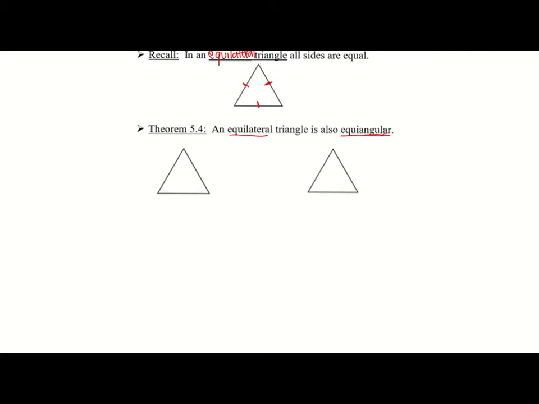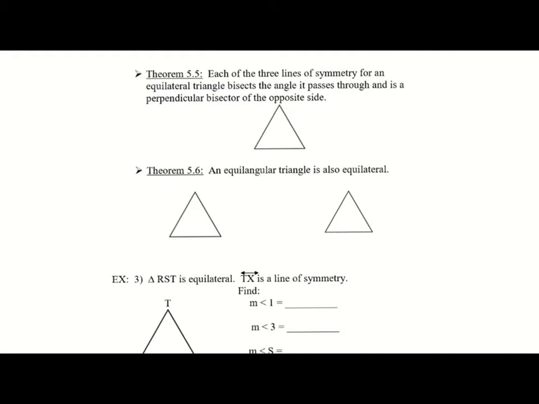So if I know that all of my sides are the same, then I know that all of my angles are the same with all my sides. Okay, so that's what we need to know about equilateral triangles. And we've got 2 more theorems about equilateral triangles.